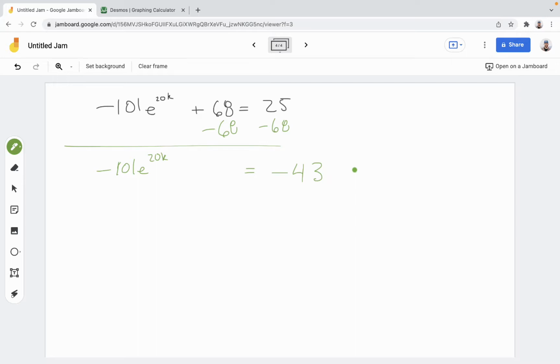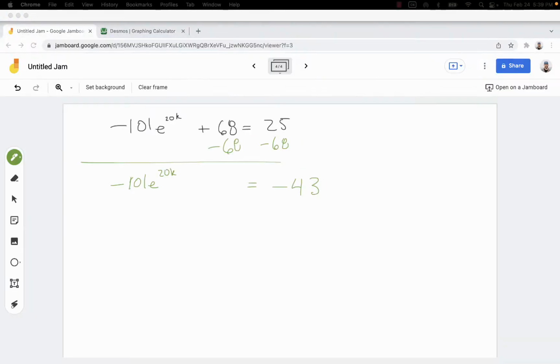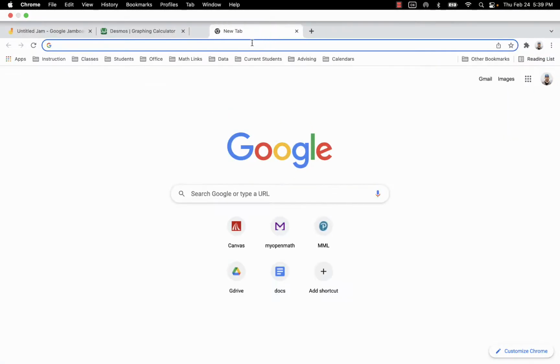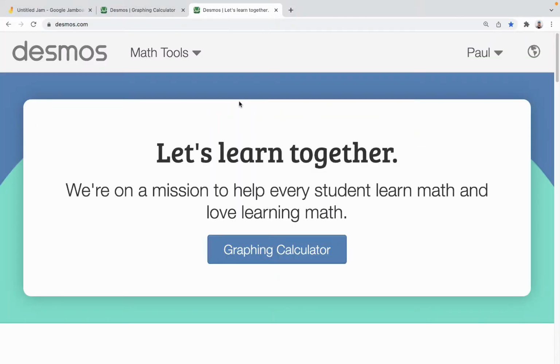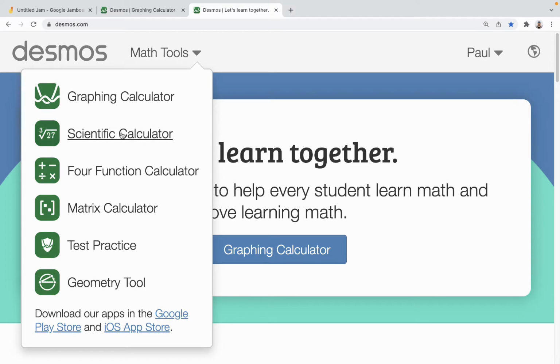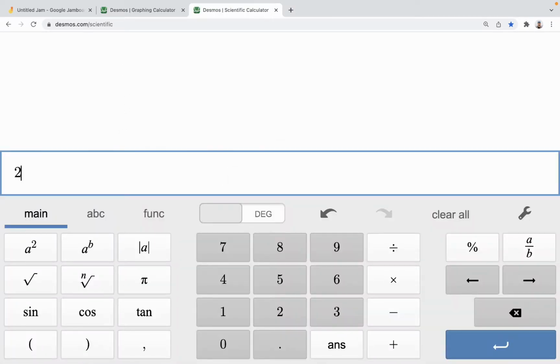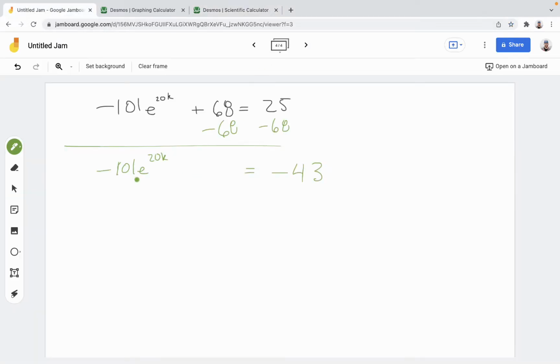That'll be negative 43, 25 minus 68. And I'm just going to check my work along the way. Divide by negative 101.